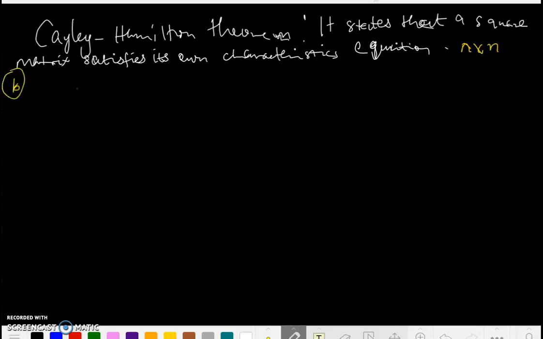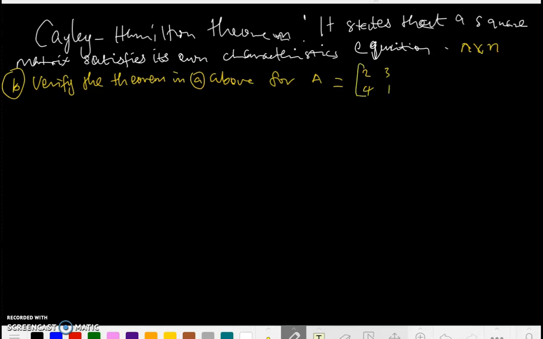And part 2 says verify the theorem in part A above. For the matrix A, which is given by 2, 3, then 4, 1, this is a 2 by 2 matrix.